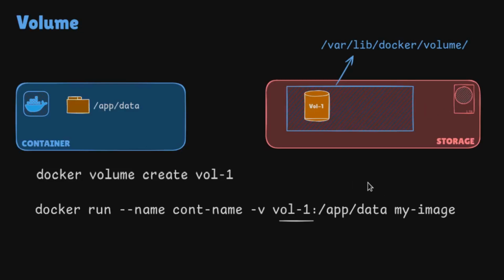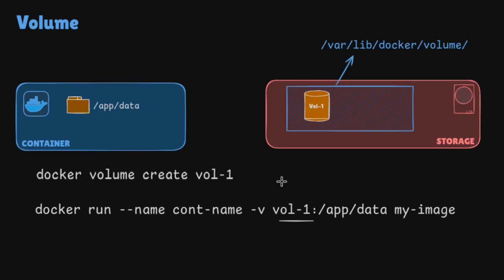You will ask, so what advantage do we get with this? Why are we doing it like this? Because this is also a folder. Earlier in the case of bind mount it was also a folder, so why are we doing it? Actually, the advantage it gives us is that it is completely platform independent. When you run this particular command, docker volume create, you do not need to worry at all about what your current operating system is.